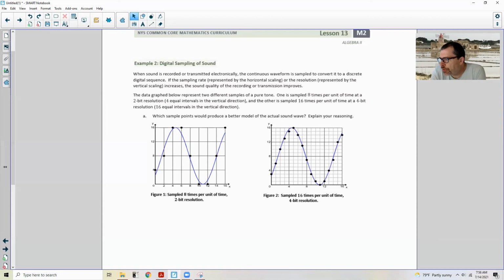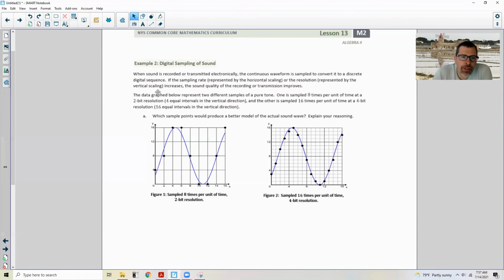A typical resolution is 16-bit, which means the difference between the highest and lowest values are divided into 2 to the 16th equal sections. And the actual tone is assigned to the closest of those values at each sampling point. This example is simplified using a much lower sampling rate and resolution to allow students to understand the concept and keep the total number of data points manageable.